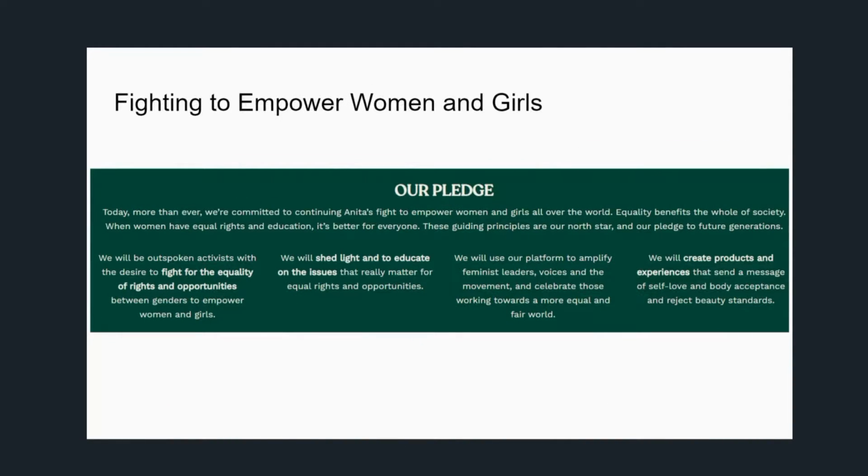Another of the values that I'd like to share with you is fighting to empower women and girls. The pledge that you can see here speaks to this value. I'll give you a few seconds so that you can read it.